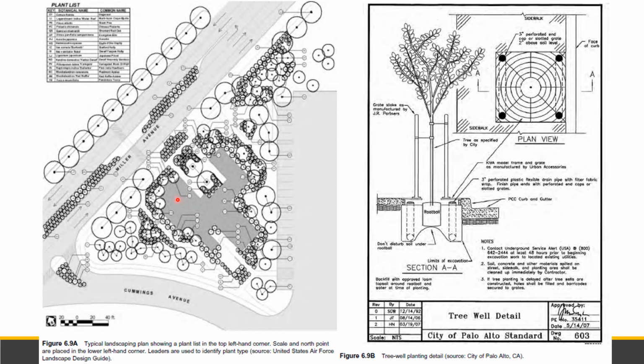This is the building, I guess, surrounded by plants. This is the road. These are maybe pine trees or something. And this is a tree well detail. So there are also specific details.